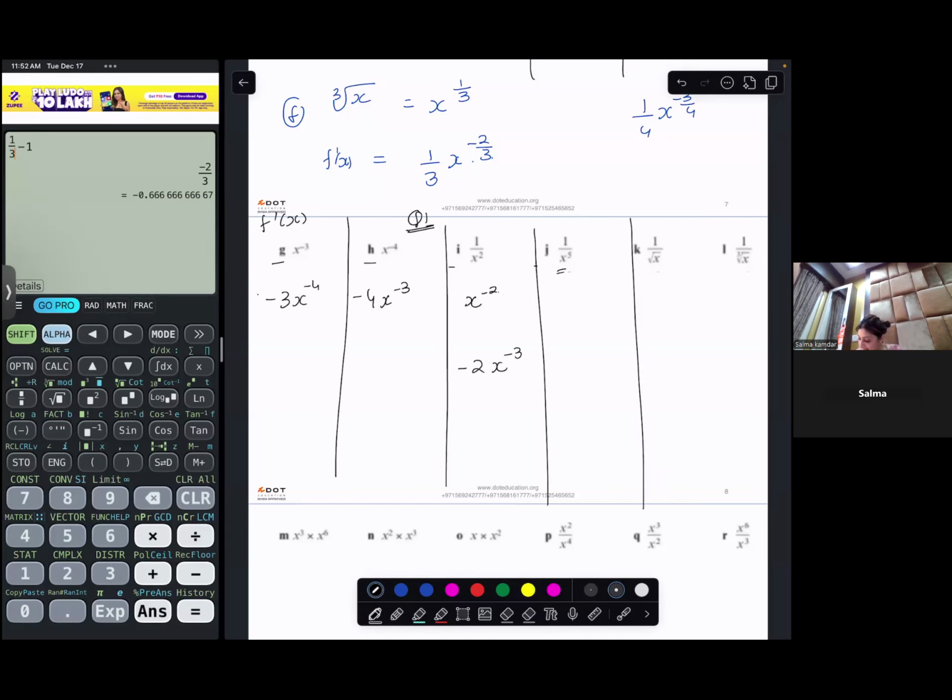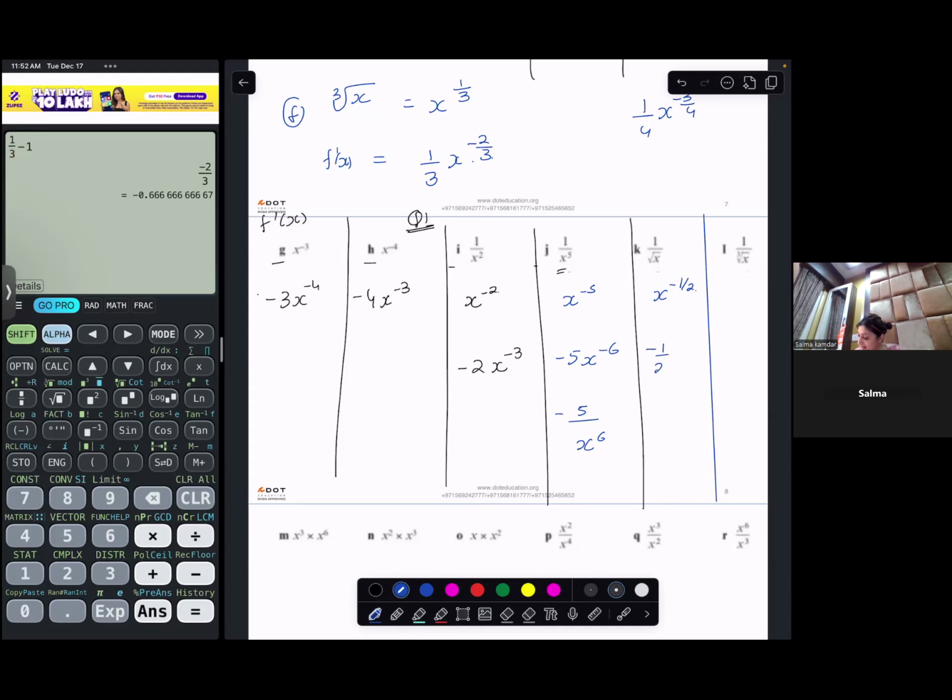1 by x^5 is nothing but x raised to minus 5. So it's going to be minus 5x raised to minus 6. To further simplify it, you can say it's minus 5 by x^6. Okay. Now 1 by root x is nothing but x raised to minus half.